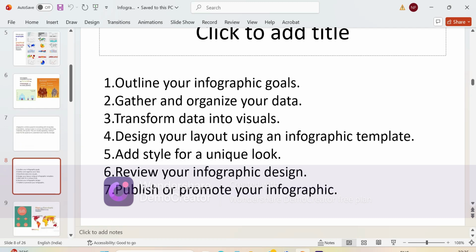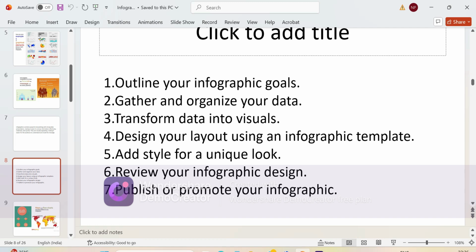So here are some of the steps on how to create an infographic. You have to first know what you are going to create an infographic for. The goal must be very clear. The second step is to organize the data, that is, decide which has to be prioritized as the first information, and which comes next.